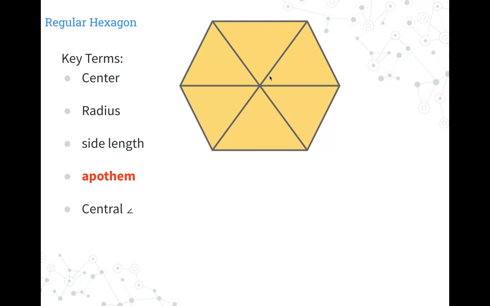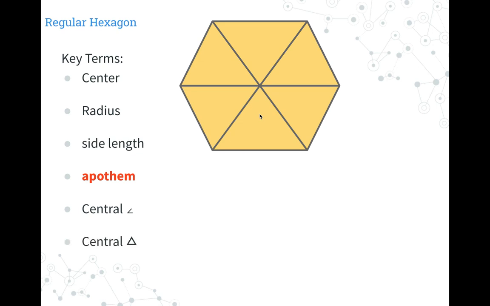Well, all 6 of these angles are congruent to each other, so this is just going to be 1/6 of going all the way around, or 360 divided by 6. So this central angle is going to measure 60 degrees. Okay, that is called a central angle. It's an angle formed by 2 consecutive radii. Okay, and so it's right there.